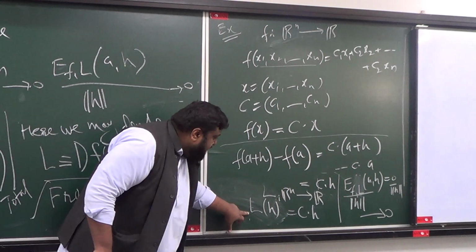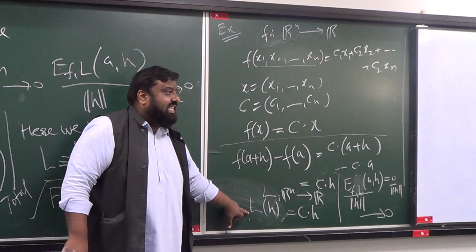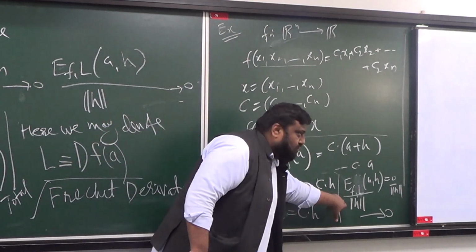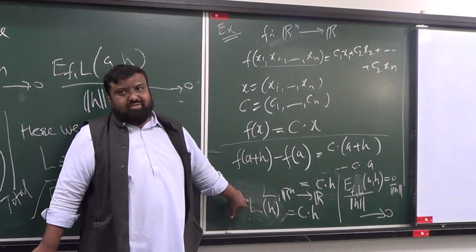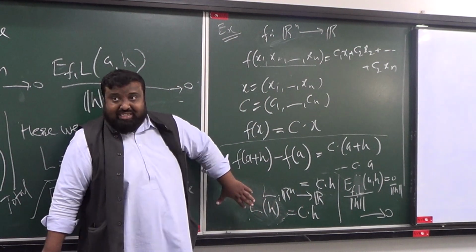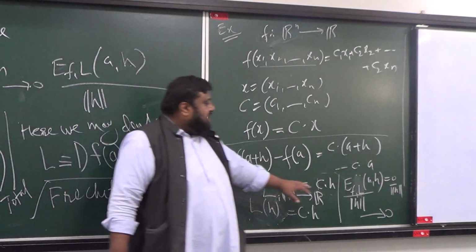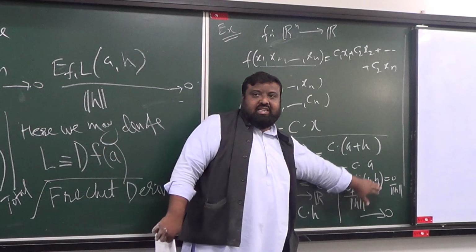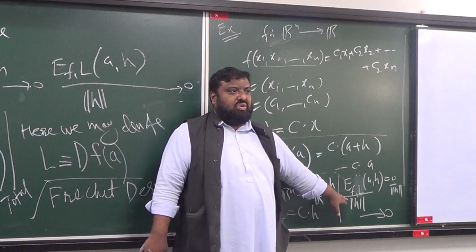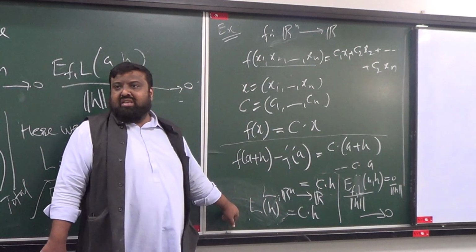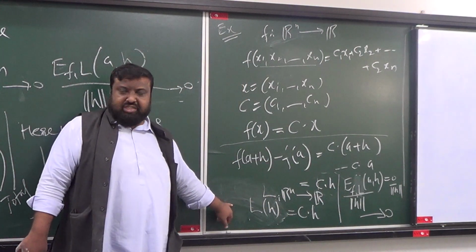I can call this L the derivative if this is true. If this is not true, L would not be the derivative, so it's better to call it L as it is. But now, since I know that the error goes to 0 faster than the norm of h, this L is my Frechet derivative.